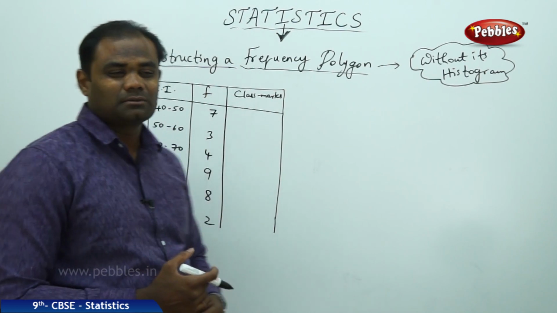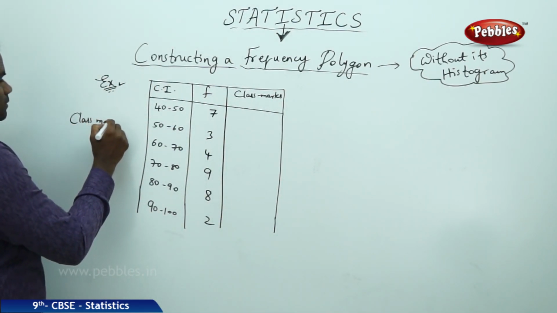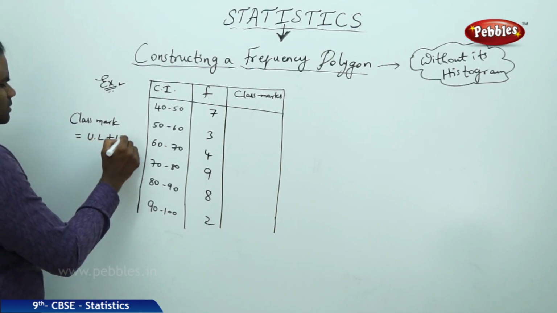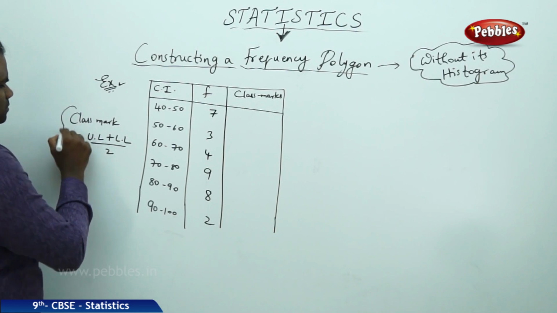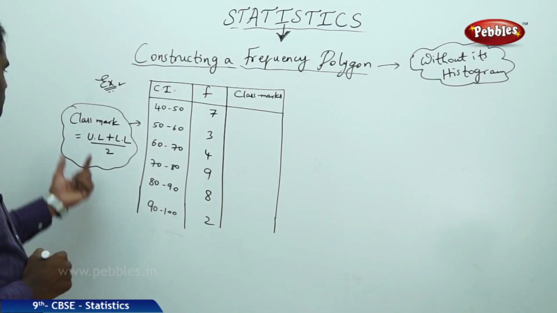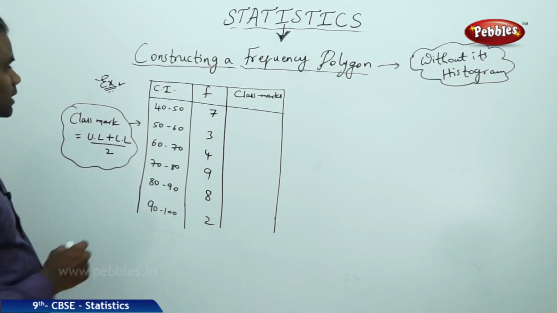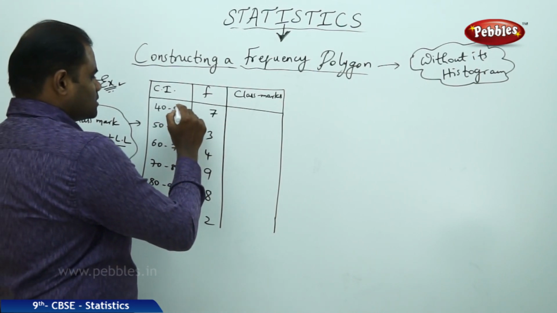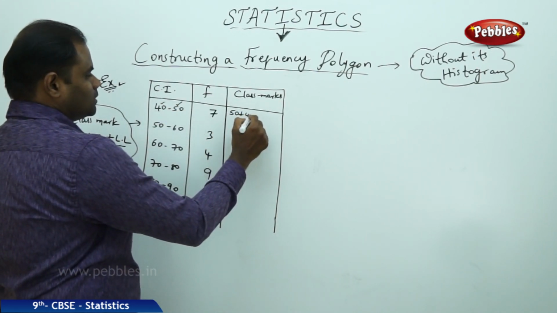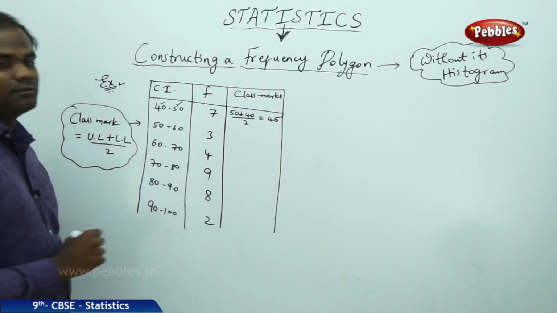What is a class mark? The class mark is nothing but the upper limit plus lower limit by 2. That's how we use the formula. So the formula for class mark is upper limit plus lower limit by 2. If I take the first class interval, this is the upper limit and this is the lower limit. So upper limit plus lower limit by 2 gives me 45.